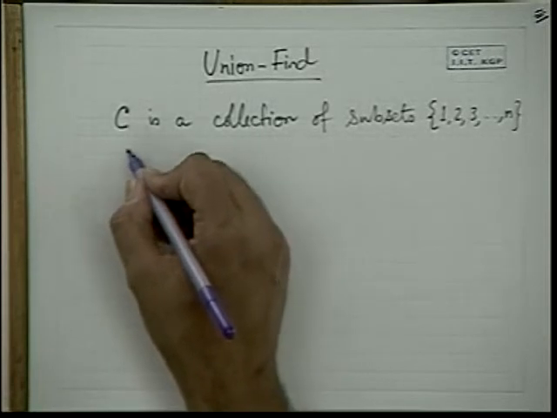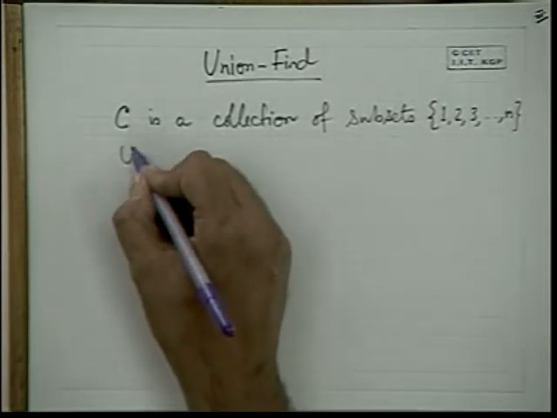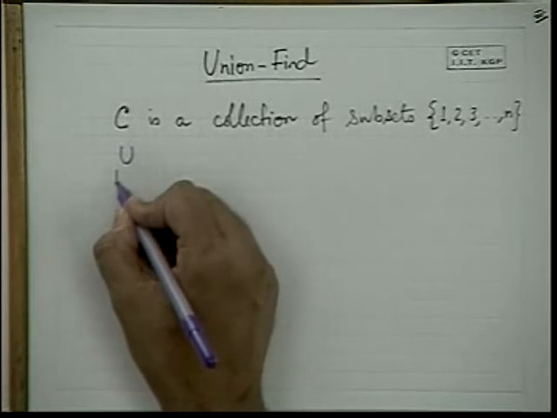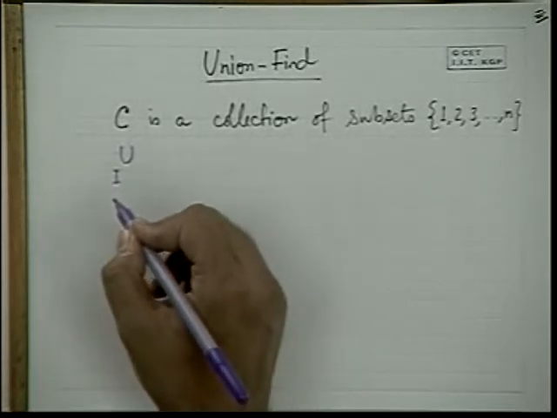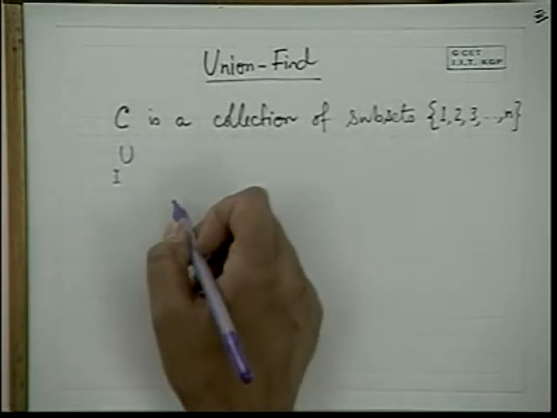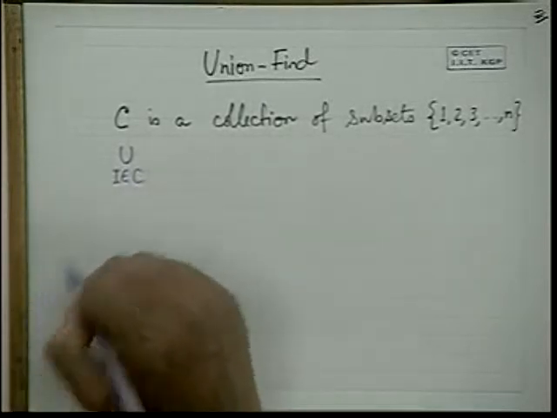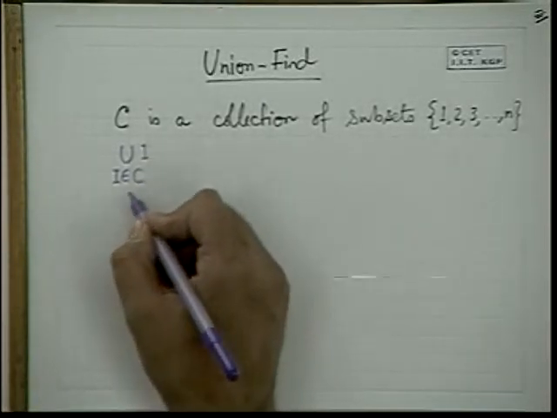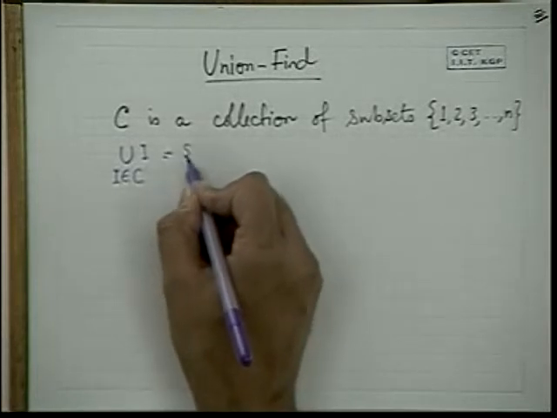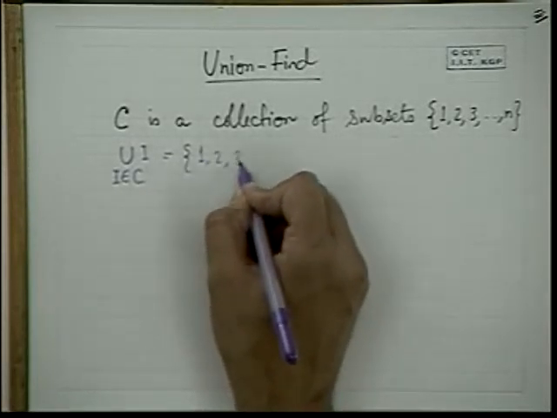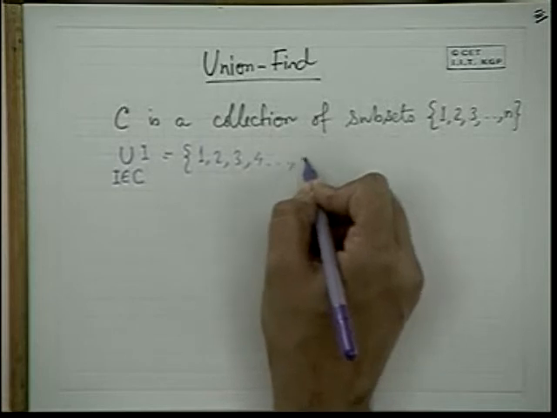So what is the condition? Condition is this: union. Suppose I is a set in this set system, so we will call it a system. What is a system? It's a set of sets. So suppose I is a set in the system C. So if you union all the I, that will be equal to 1, 2, 3, 4 up to n.